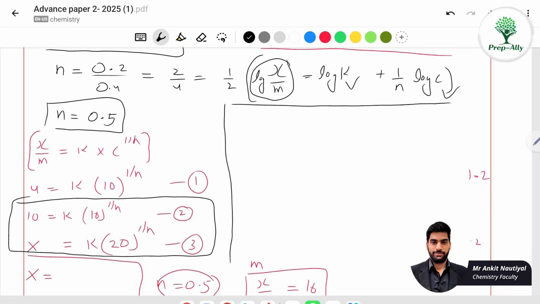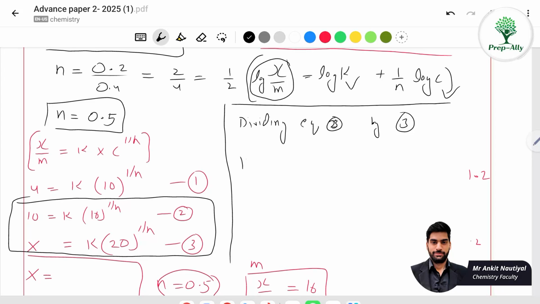How are we getting the value? We can directly divide, because k will cancel with k. So we divide equation second by third.